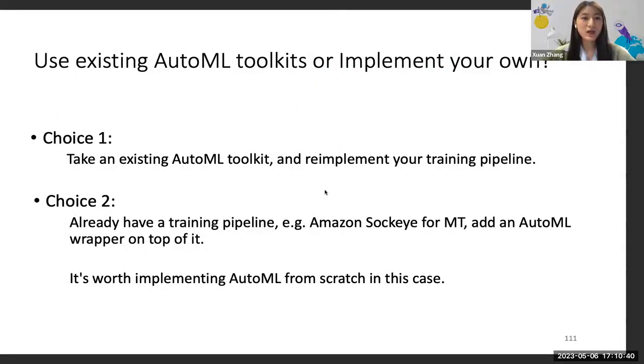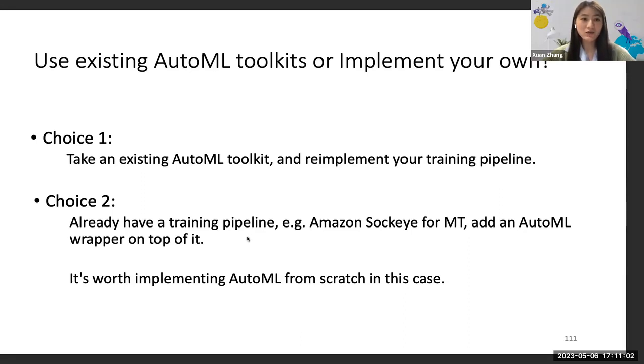We want to say it's actually not trivial to decide whether to use existing AutoML toolkits or implement your own. If you go for existing AutoML toolkits, you might have to rework your entire training pipeline.